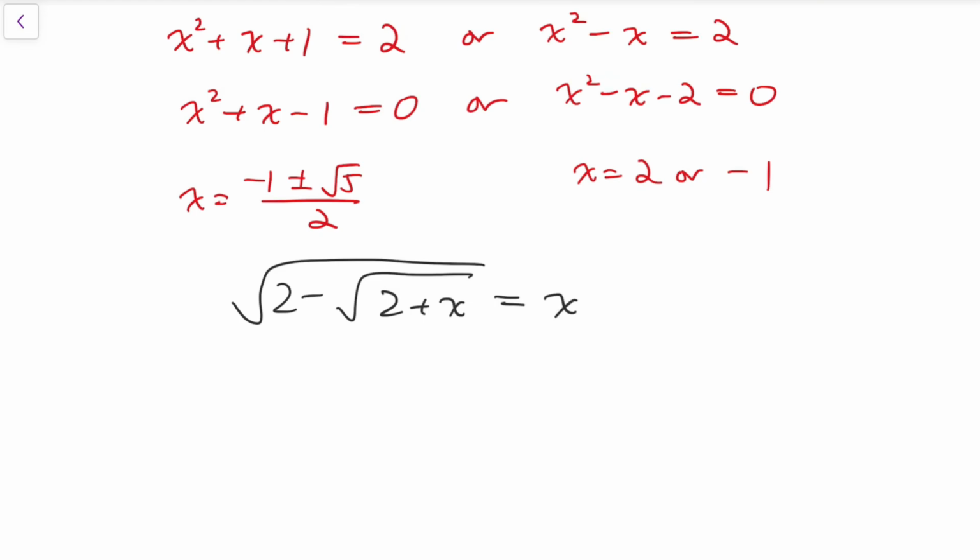So x is equal to the square root of a certain number. And by definition of this square root sign, this x must be non-negative. So that means I can quickly reject the cases minus 1 and minus 1 minus root 5 over 2. So we only have two cases to check.